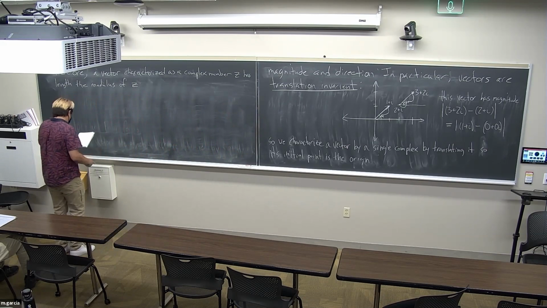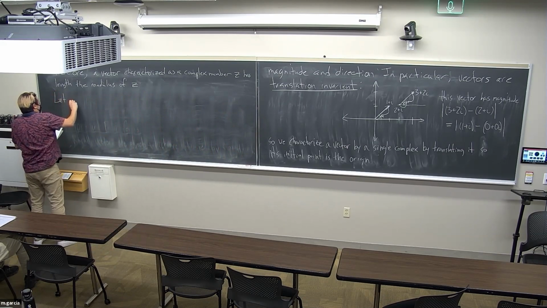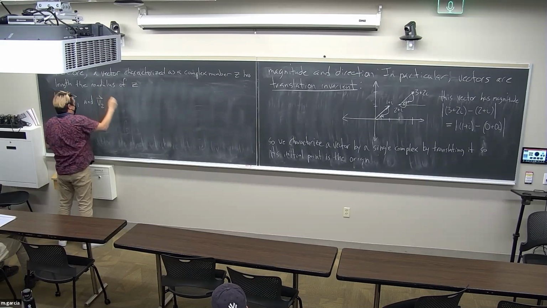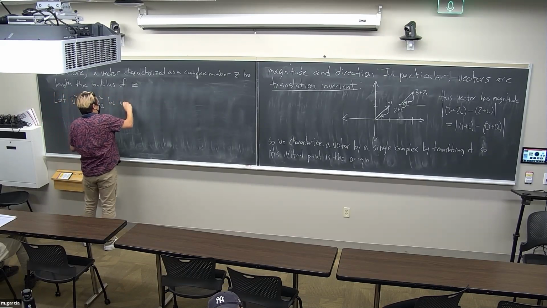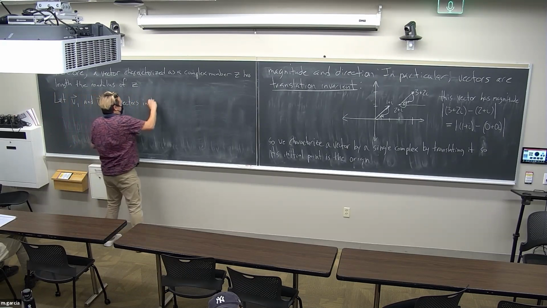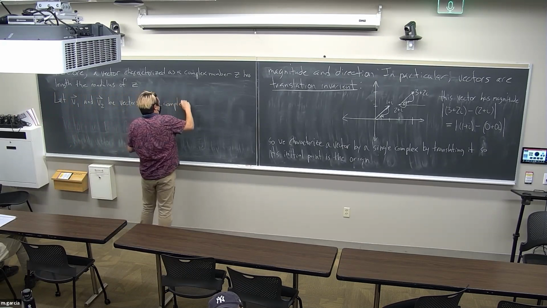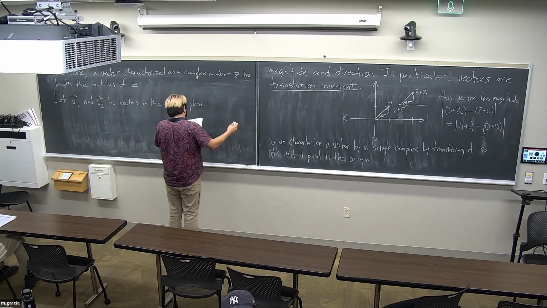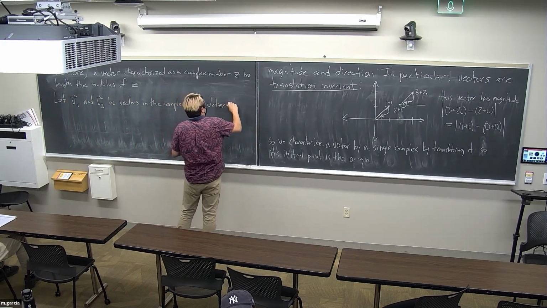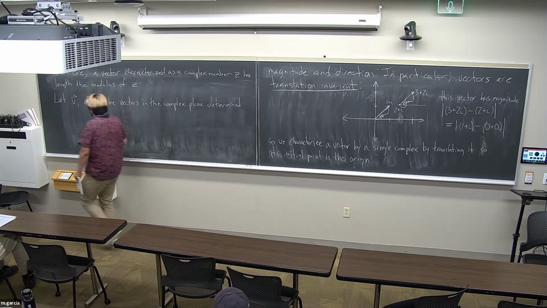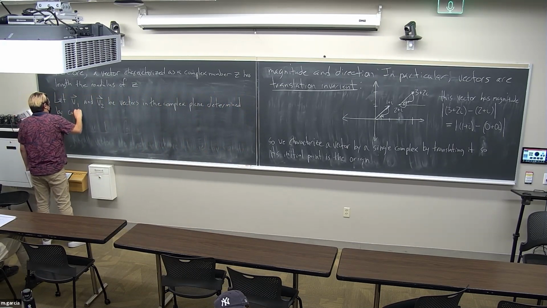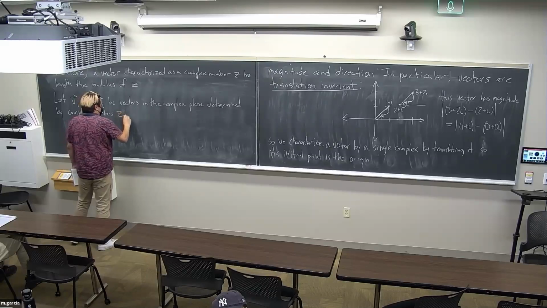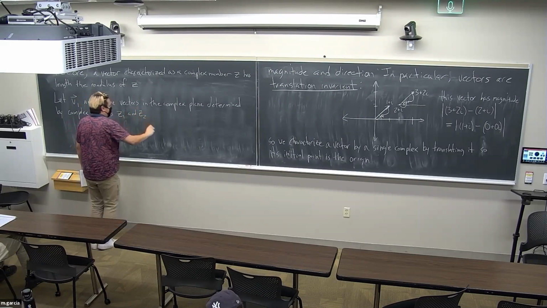So let V1 hat and V2 hat be vectors in the complex plane determined by complex numbers Z1 and Z2 respectively.